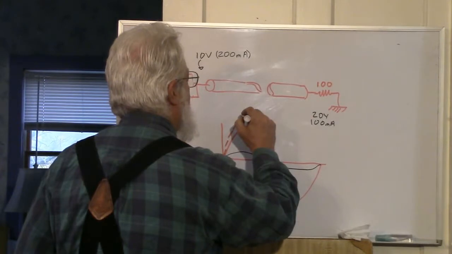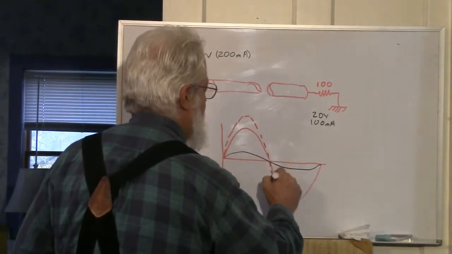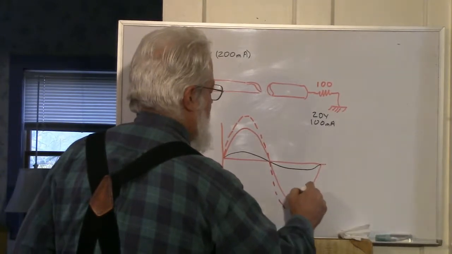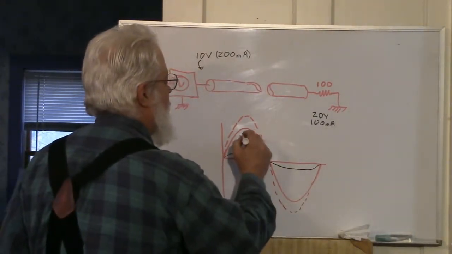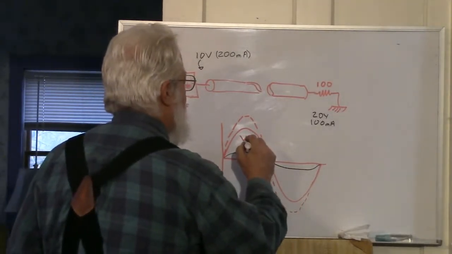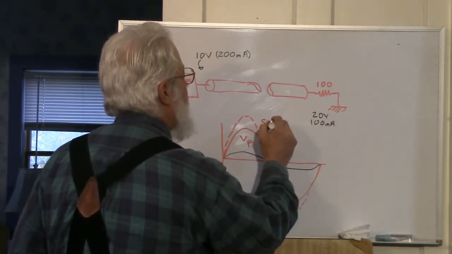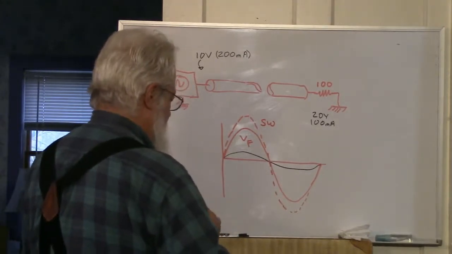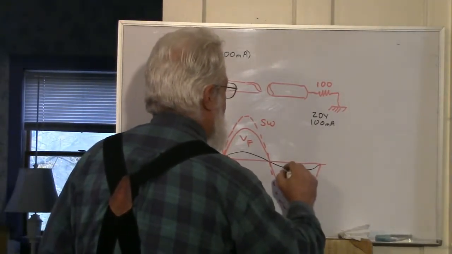It is the sum of the two. So we have our V forward, our standing wave, and our V reflected.